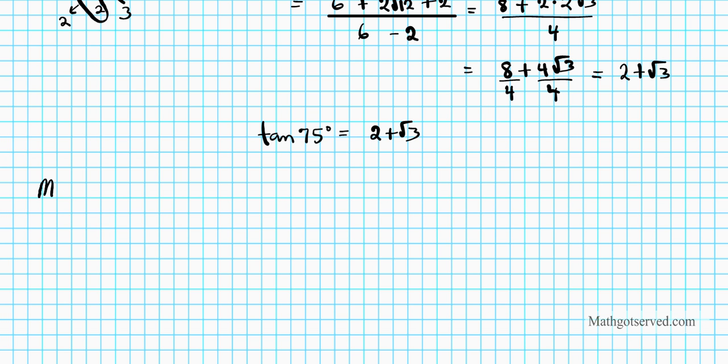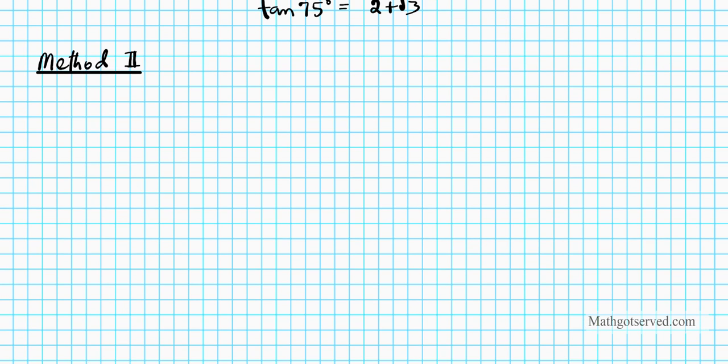Okay? So method 2 actually involves the use of the sum identities for tan. We used the quotient identities as a substitution, but now we're going to use the sum identities for tan for real. All right? So what is the sum identity for tan?